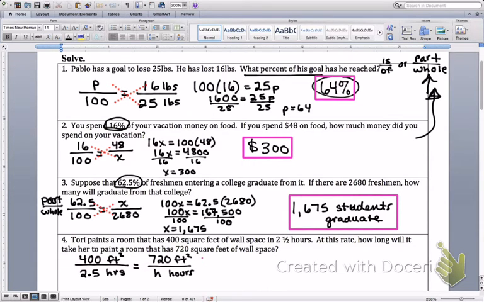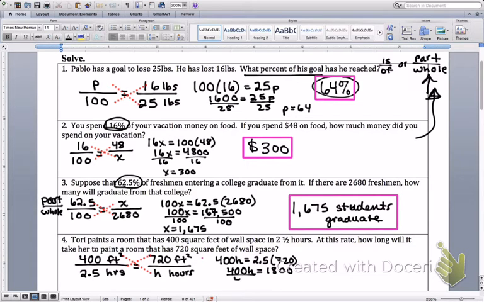Cross multiply. We end up getting 400 times h is equal to 2.5 times 720. 2.5 times 720 equals 1,800.